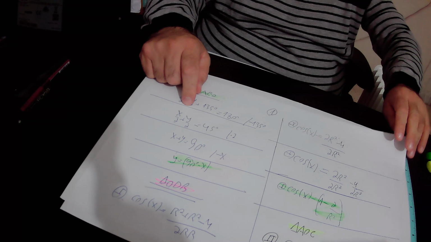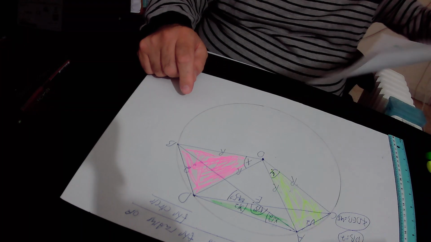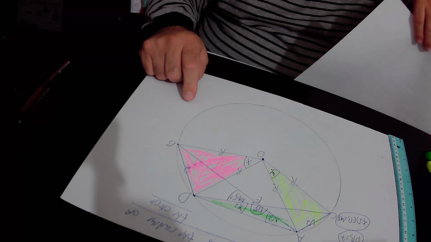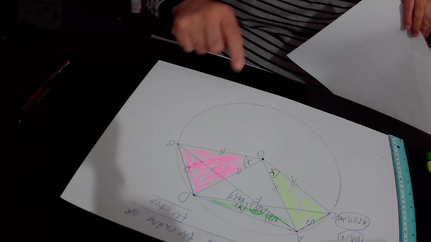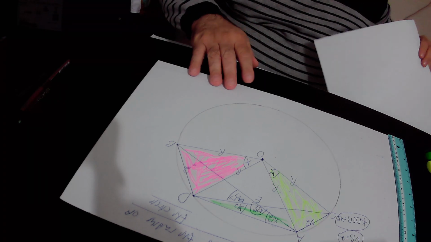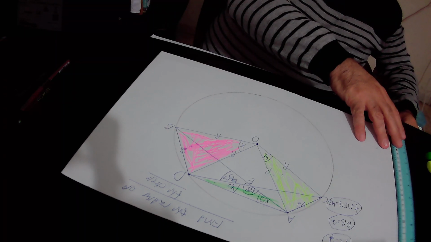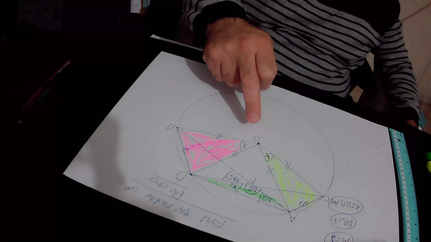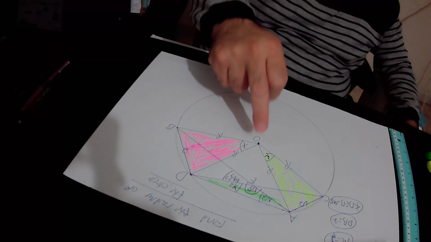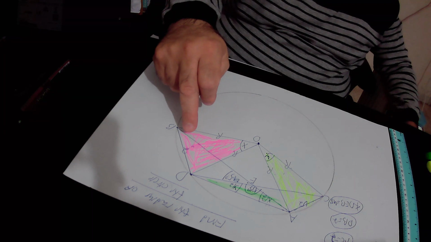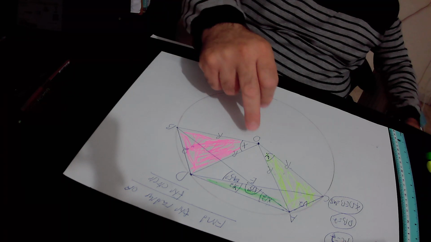Then we implemented the law of cosines on the pink triangle DOB. According to the law of cosines, in the pink triangle DOB, cosine x equals r squared plus r squared minus 2 squared, that is 4, over 2 times r times r.